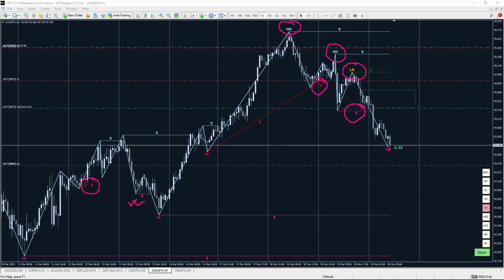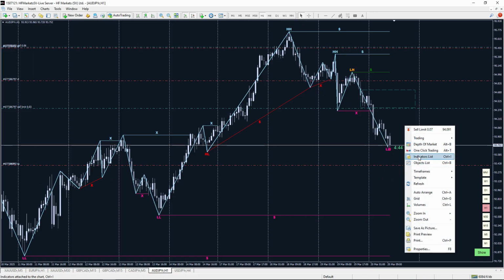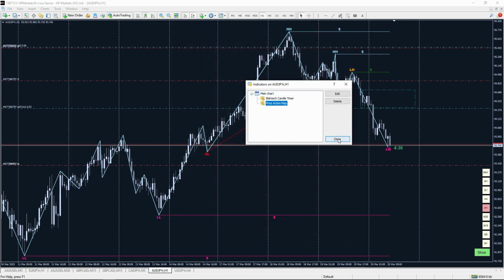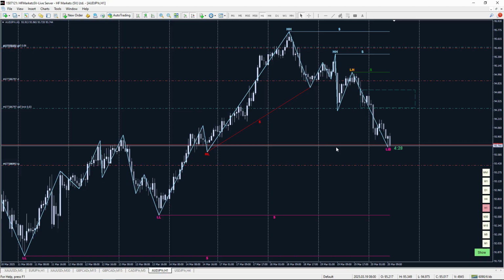To disable this, go to the price action map, find show invalid lines, which is true, and just make it false. You can also see show invalid higher high, lower low. Now you can only see the valid levels and lines.